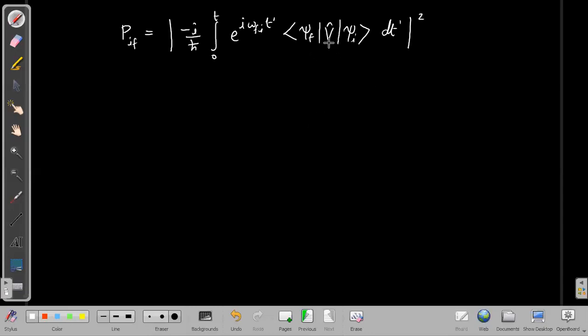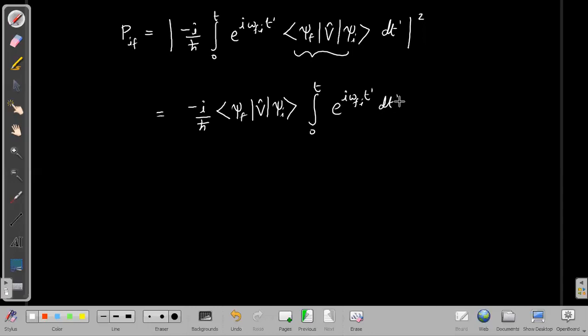Since V is not a function of time, I can take this inner product outside the integration. So this becomes minus i by h cross, the inner product psi f V psi i, then the integral from 0 to t of e raised to i omega_fi t prime dt prime, and again the entire mod square.